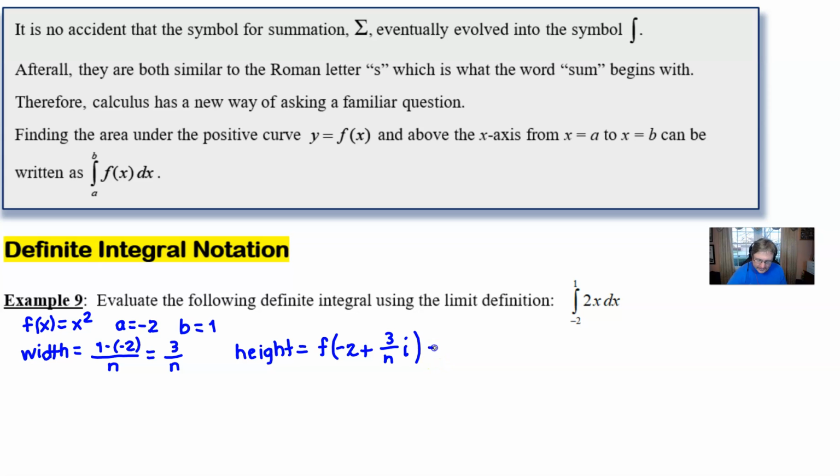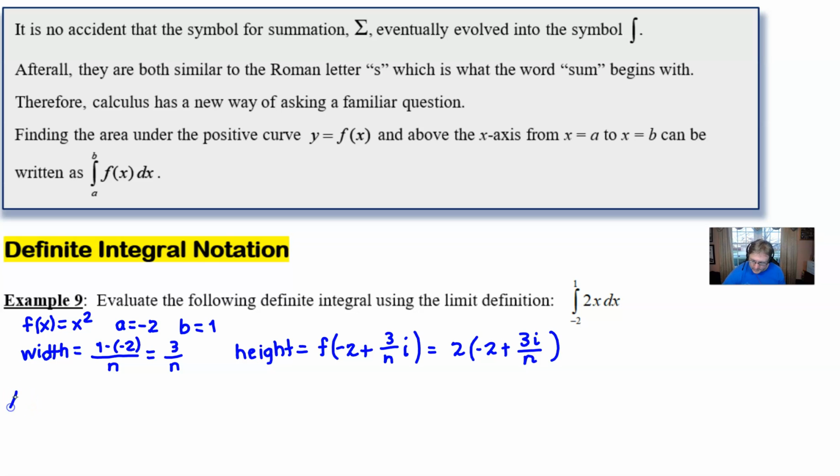And so at this point, we would go ahead and figure out what the height is by taking 2 times this value of x. So 2 times the quantity -2 plus 3i over n, of course, would produce a -4 plus 6i over n. But I think at this stage, we could just leave it written like that.